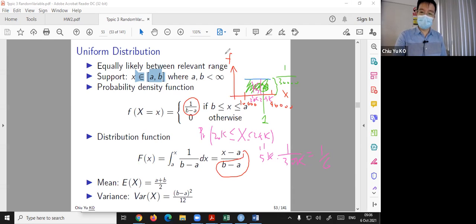And what is x minus a? x minus a is the base, right? Because you're asking between a and x, right? And this is the height. The height is 1 over b minus a. The base is x minus a. So it's just elementary school algebra, base times the height. Okay, this is the area.